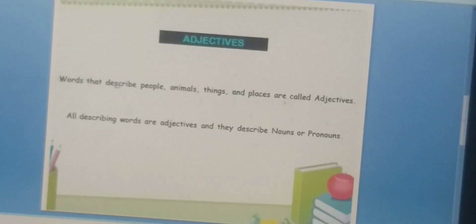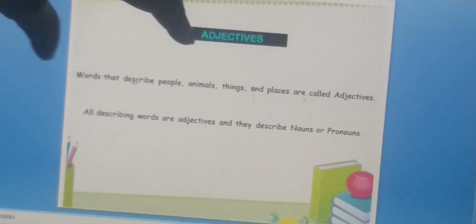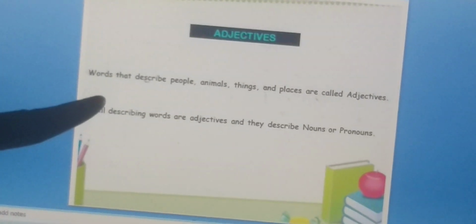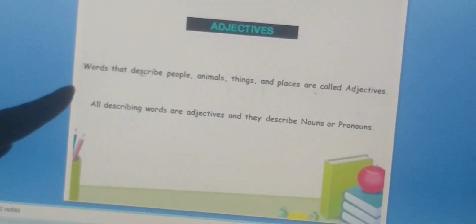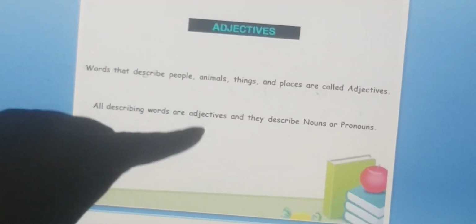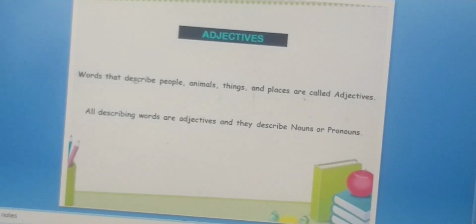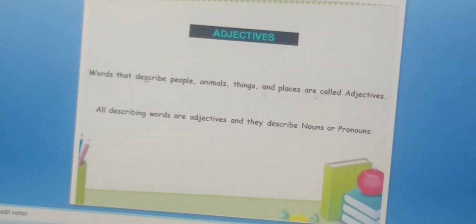Now, let's move forward. Now, children, read what are adjectives. Words that describe people, animals, things and places are called adjectives. You all have read what is a noun.